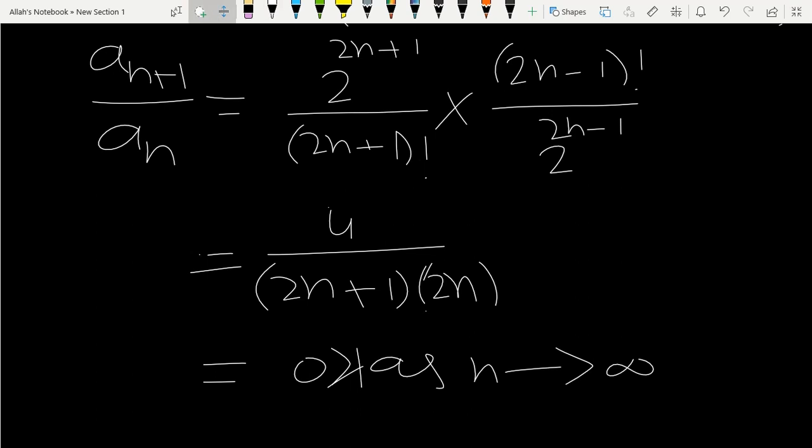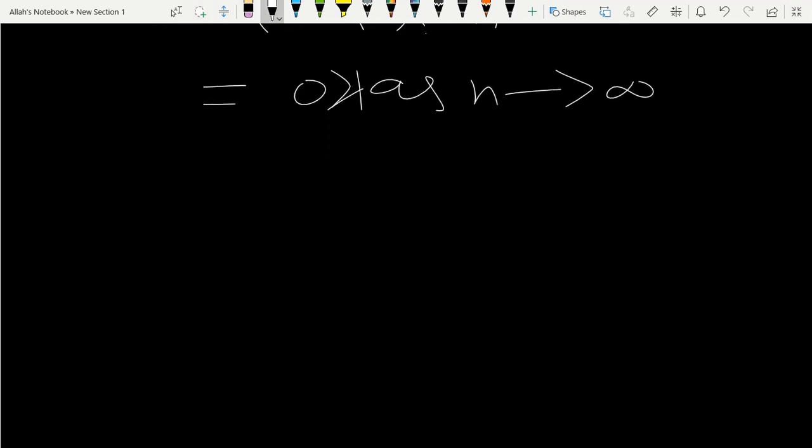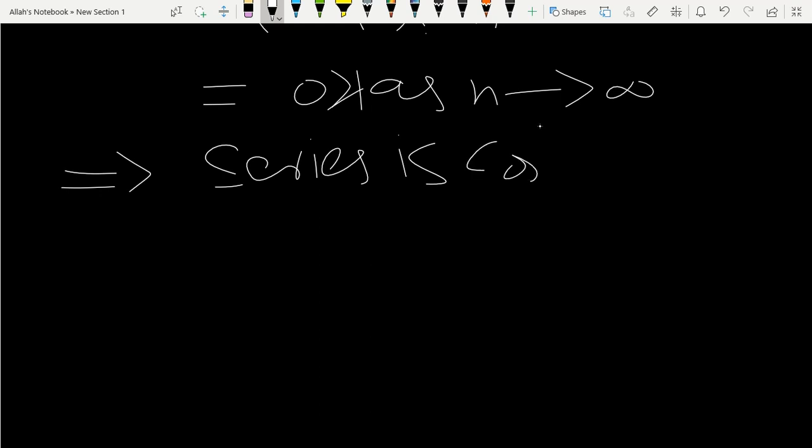So this implies that the series is convergent. The series is convergent.